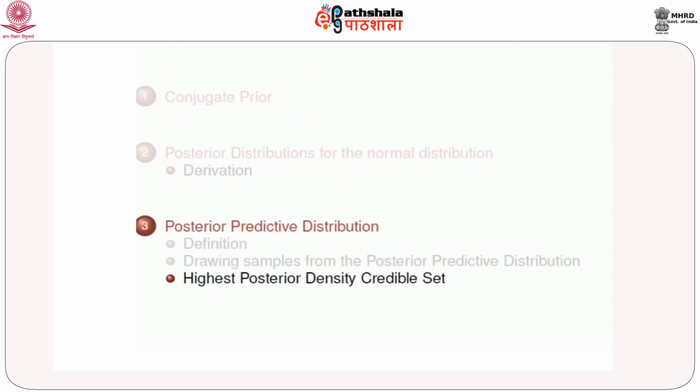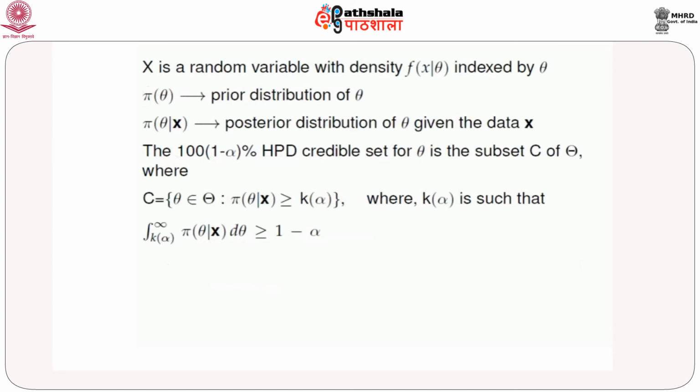So, we look at next the definition of what we mean by highest posterior density credible set. The definition is as follows. Suppose x is a random variable with the density f indexed by theta, and we assume the prior distribution pi theta for theta. We have pi theta given x as the posterior distribution of theta given the data x.